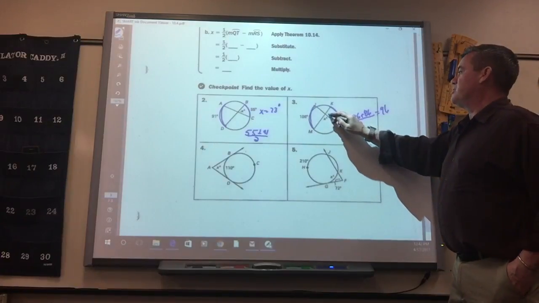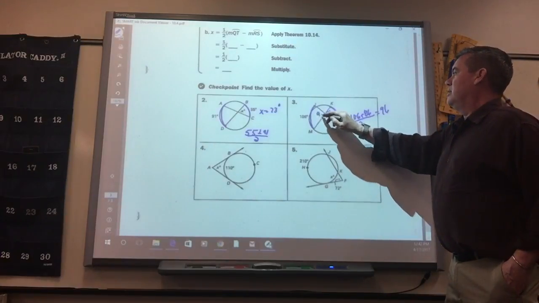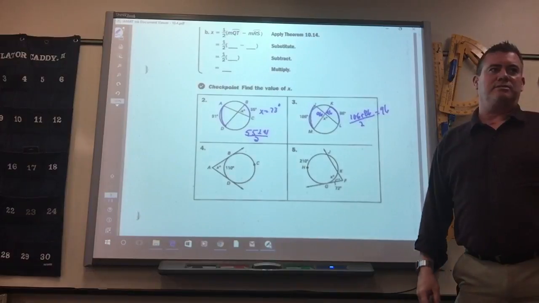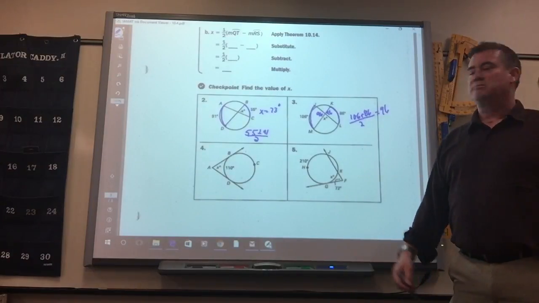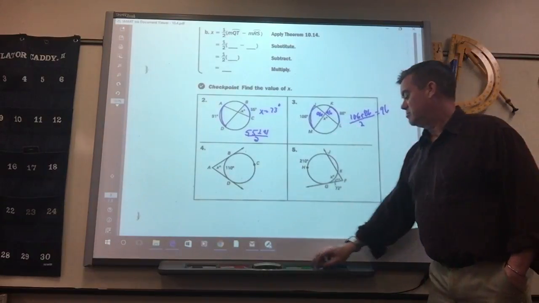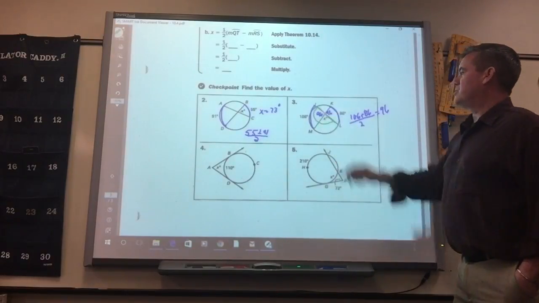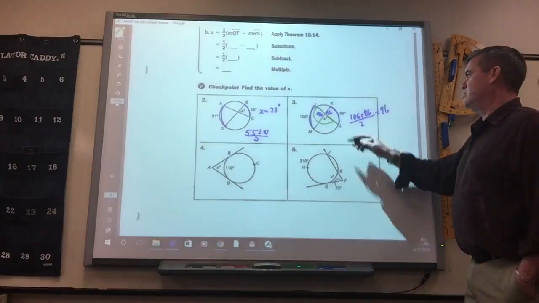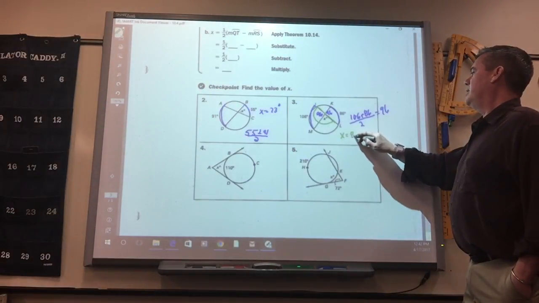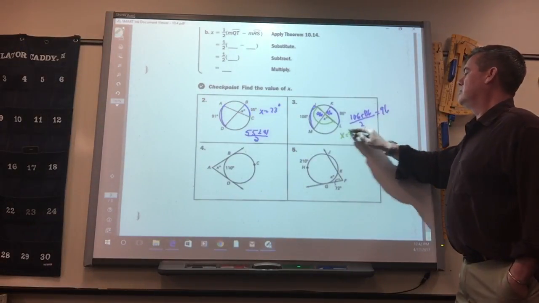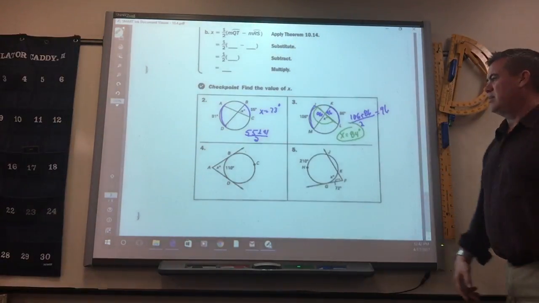What we just found is this angle right here. These two angles are 96, so what do you got to do to figure out x? 180 minus 96. Right. These are supplementary, so just take 180 minus 96, and that would be 84.